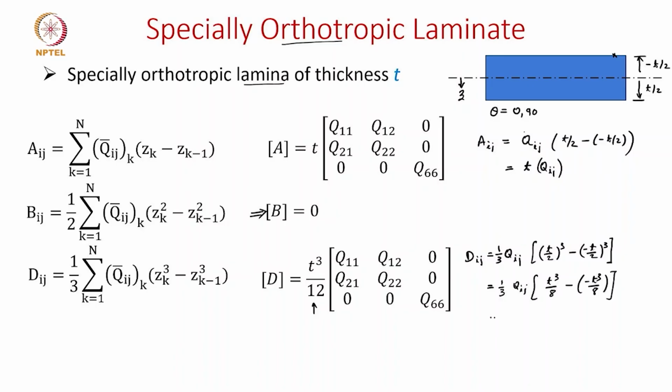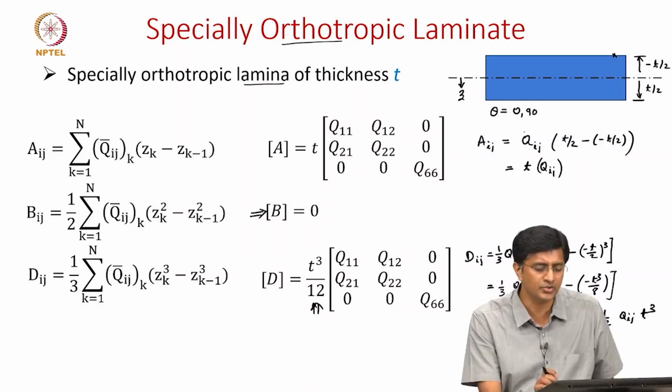This can be written as 1/3 Qij times T cube by 4. Effectively it is 1 by 12 Qij times T cube. So here we get this T cube by 12, which we place here, and the rest we directly get as the stiffness matrix Q. This should explain how we got these ABD matrices.